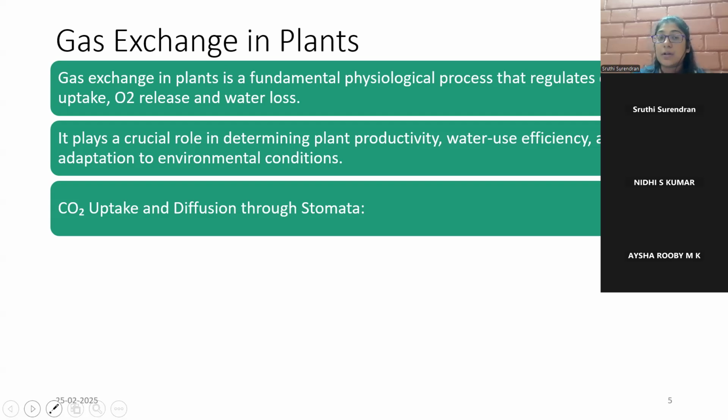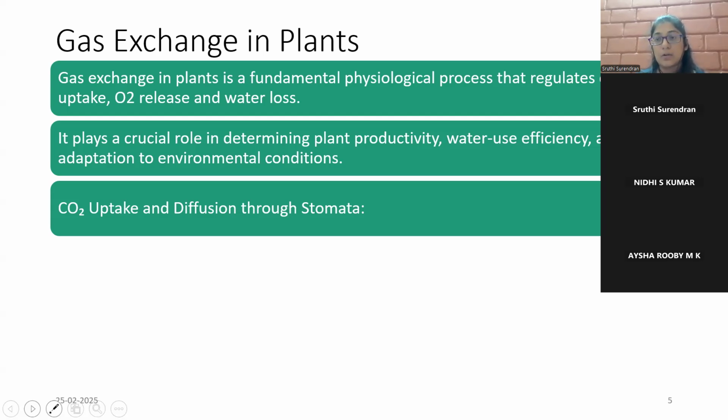And again, it plays a crucial role in determining the water use efficiency. So, what is water use efficiency? It is basically how efficiently water is being used by the plant in generating carbon. The definition of water use efficiency differs in various aspects.